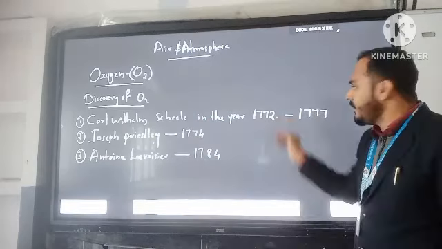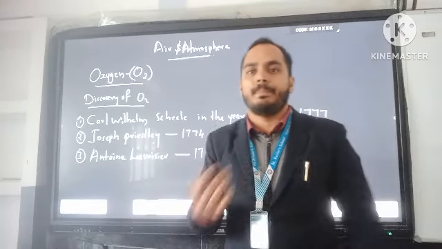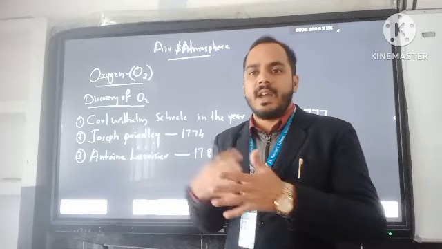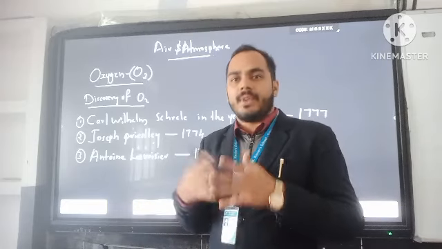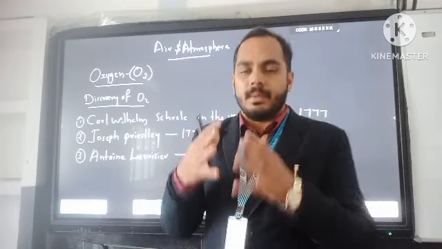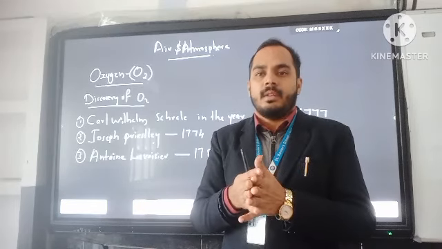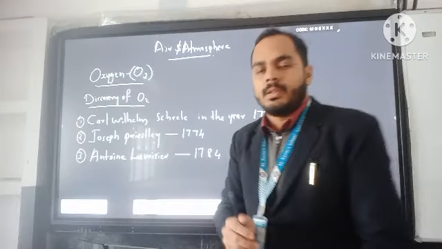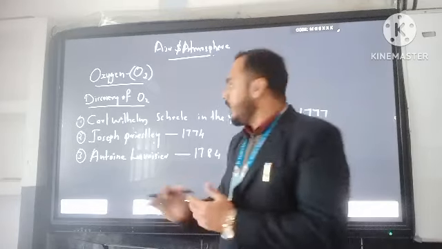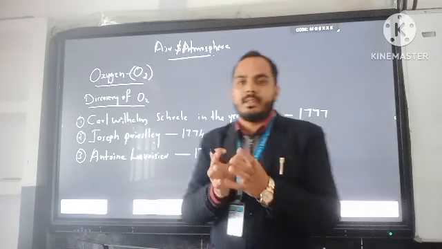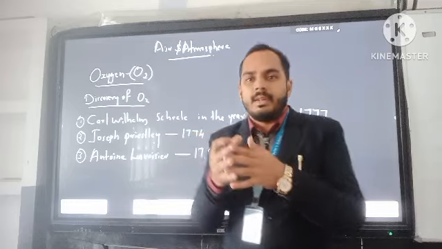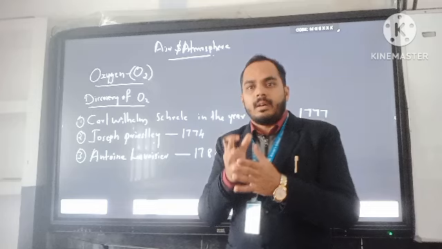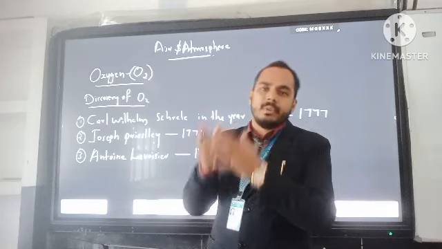In the year 1772, he started to prepare the unknown gas, and he studied it and reacted it with different types of chemicals or substances. Reacting two different components, during that chemical reaction, what happened?